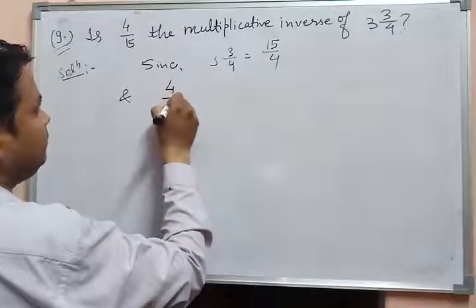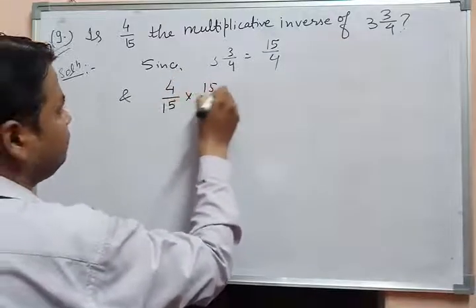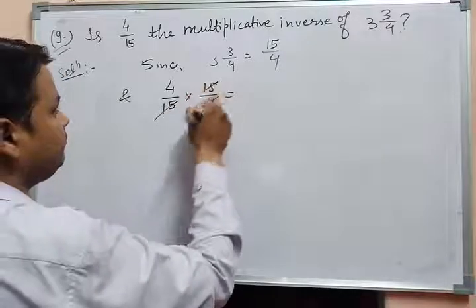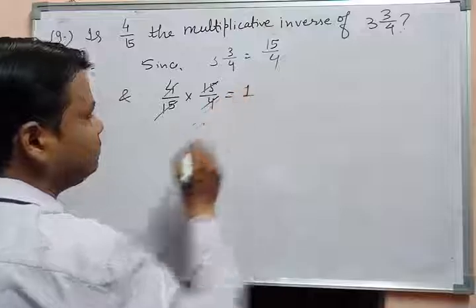If we multiply 4/15 into 15/4, what do we get? 15 cancels, 4 cancels, and the result we get is 1.